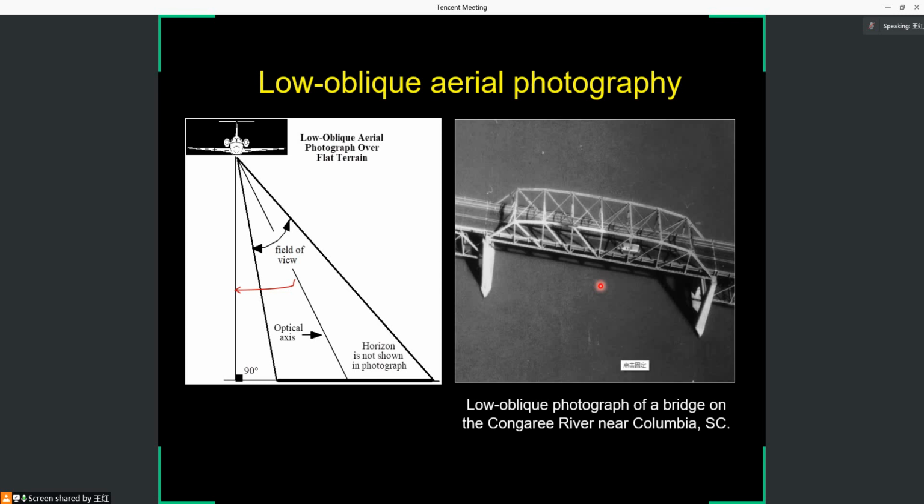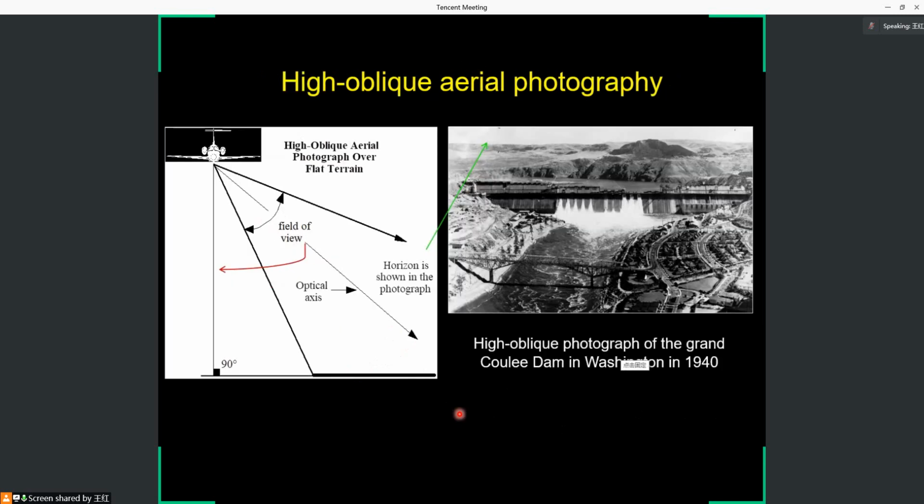And this is a low oblique. Here you cannot see the horizon, so it is just a low oblique. Now, if you see the high oblique, the horizon is shown in the photograph.